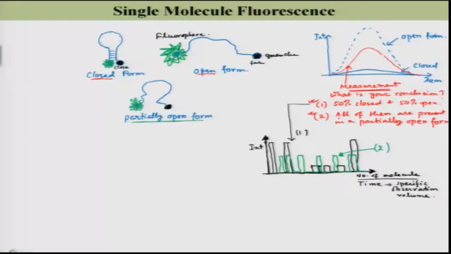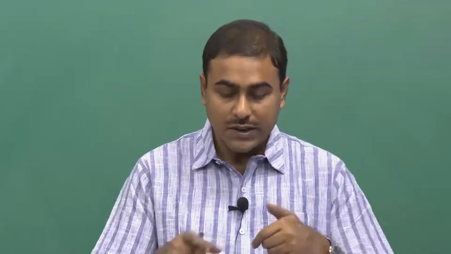For example, because of this conformational fluctuation, this quencher will come a little close or far from its original position. When this quencher comes to this position, quenching will be more. When it goes here, quenching will be less. That means there will be some fluorescence intensity fluctuation within this molecule.